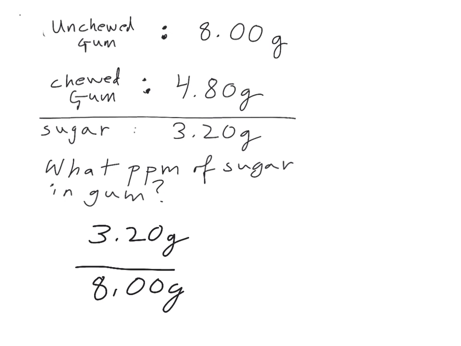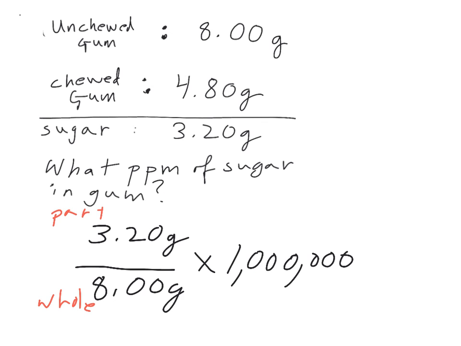You're taking that same part that we did last time over our whole, but this time we're going to be multiplying by not 100 but 1,000,000. And I'm sorry, I used scientific notation without thinking about it last time when I wrote that 10 to the 6th.